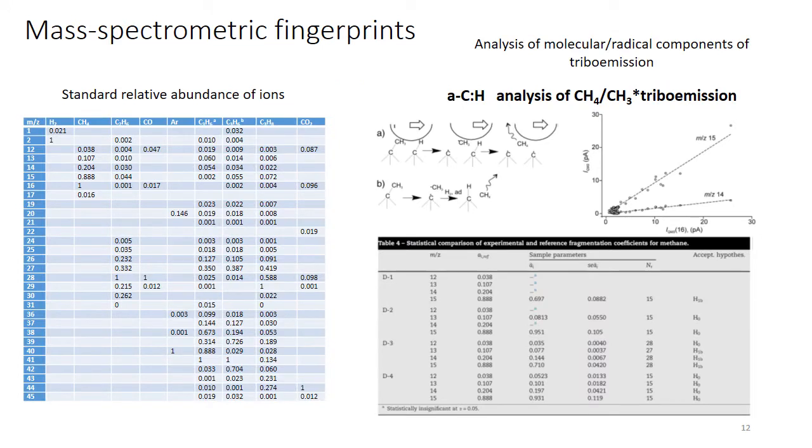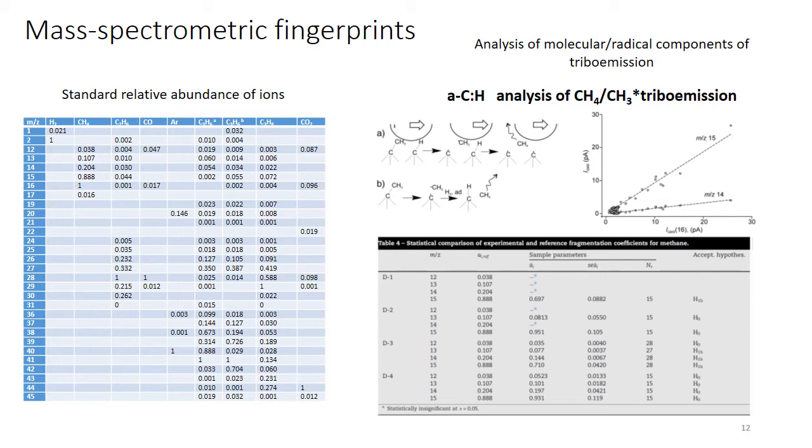If we need to analyze the composition of the emitted gases, we need to analyze the mass spectrum and compare it with standard relative abundances of ions, or standard mass spectra which can be obtained, for example, from NIST or other databases. Here on the left you can see the standard mass spectra for different gases such as hydrogen, methane, ethane, CO, argon, and so on.